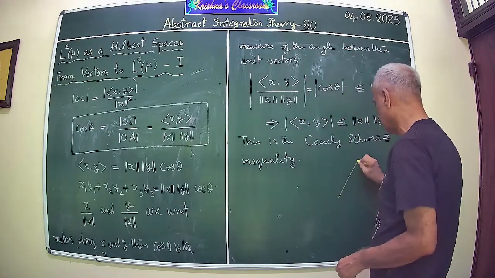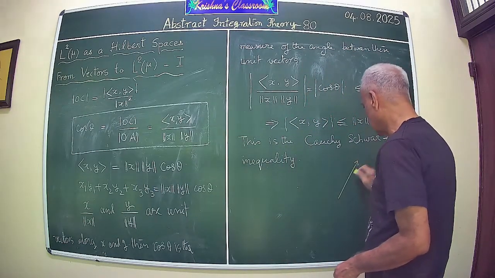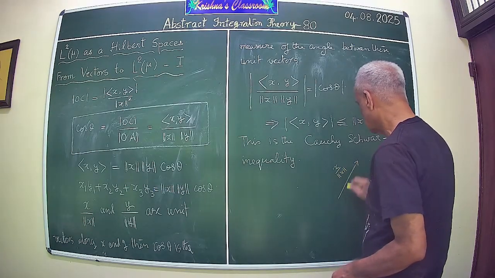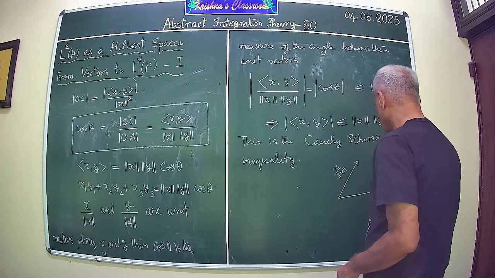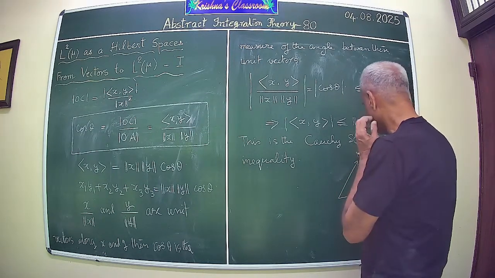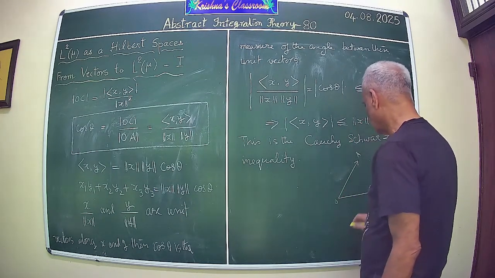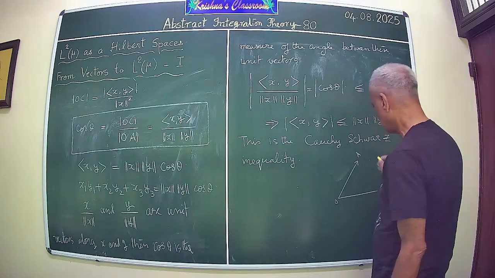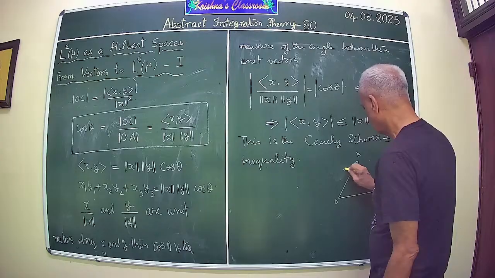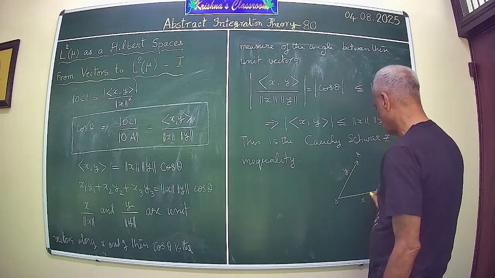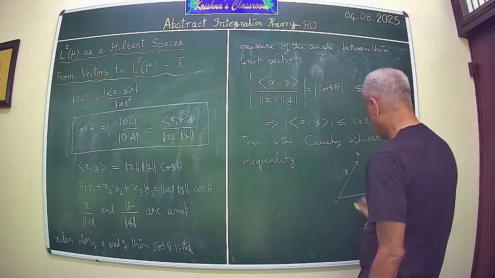So you have, suppose this is the unit vector x by norm x, and this is the vector y by norm y. Then you have the unit vectors.